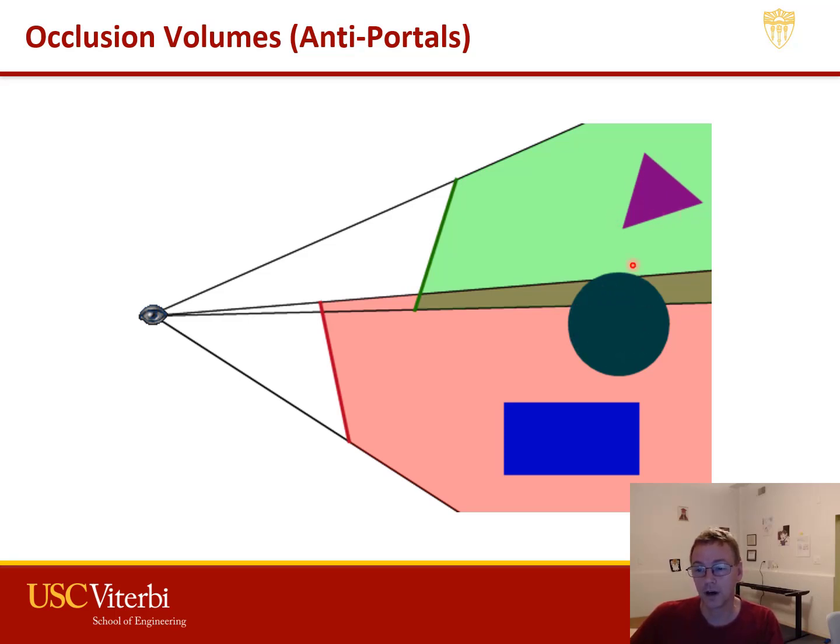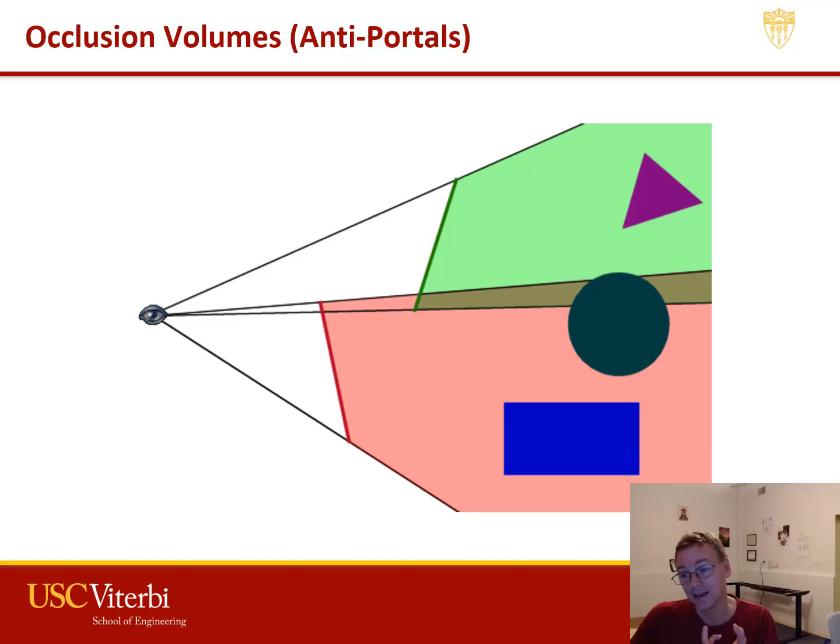But this green circle is not completely inside the green frustum, so we will have to draw it. The red occluder blocks the blue rectangle, but it does not completely block the green circle. There's a little bit of the green circle that pokes out.